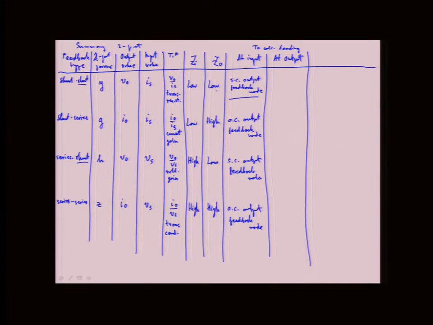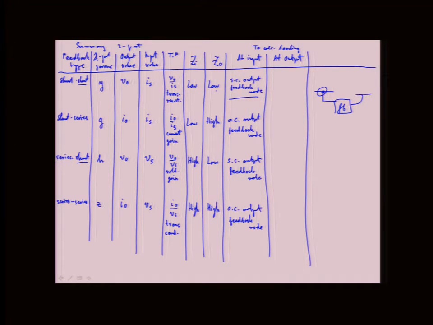The input, because you're still in the forward path, you are applying the voltage to that type of feedback as well, right? So we'll just sketch that real quick. So if I have an input feedback circuit, so this is shunt connection over here, right?